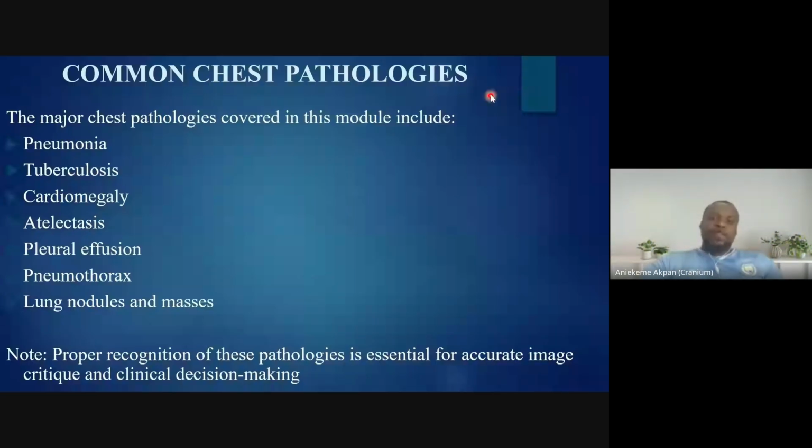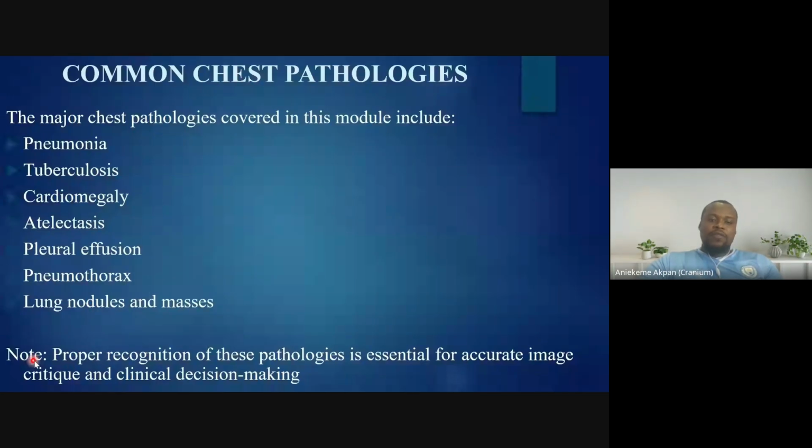So, common chest pathologies. We have explained most of the patterns, and we are going to look at the common pathologies and how they are likely to look, also considering the patterns associated with them. The major ones that we are going to be looking at today are pneumonia, tuberculosis, cardiomegaly, atelectasis, pleural effusion, pneumothorax, lung nodules, and masses.